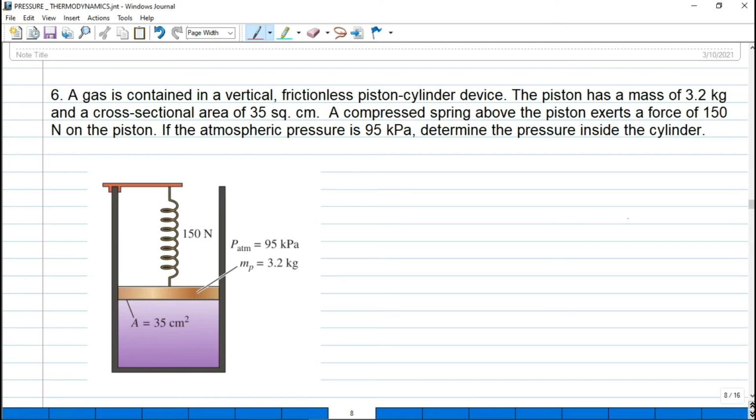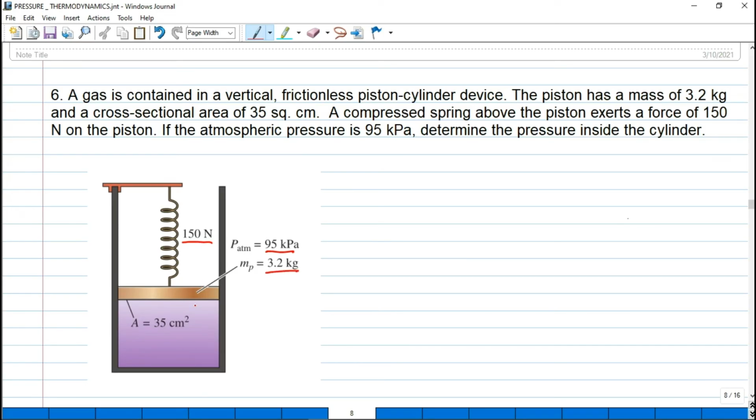Okay, sa analysis natin, guys, so the pressure experienced inside this cylinder is actually the sum of the pressures exerted by the spring. Itong 150 newton, meron siyang pressure na na-exert dito. Then the atmospheric pressure, then we have here the pressure exerted by the mass of the piston.